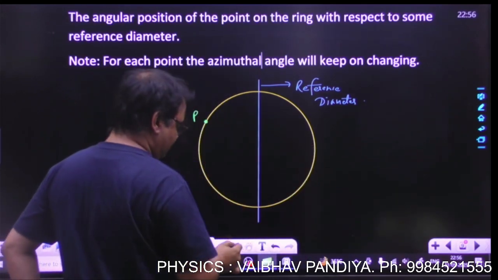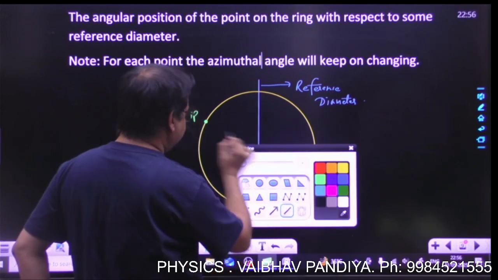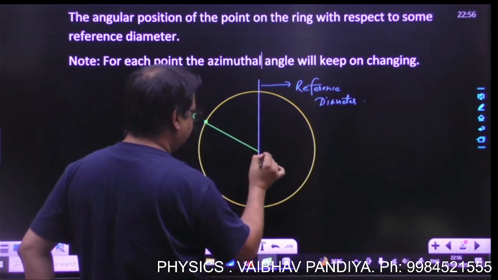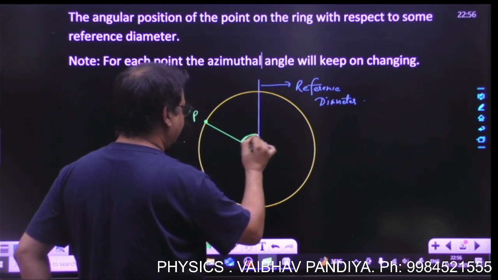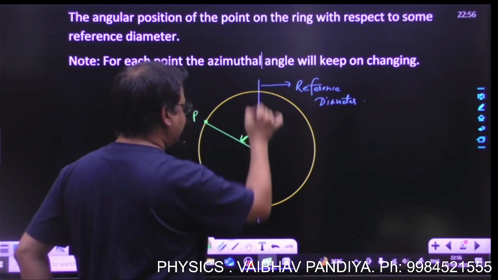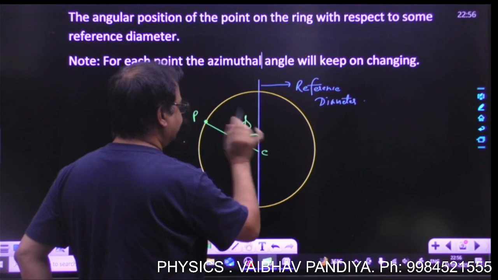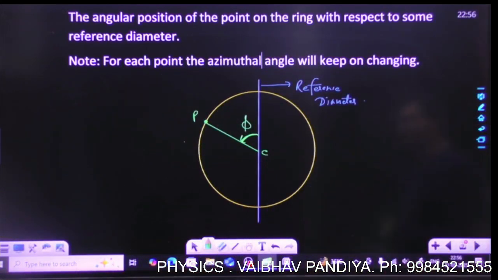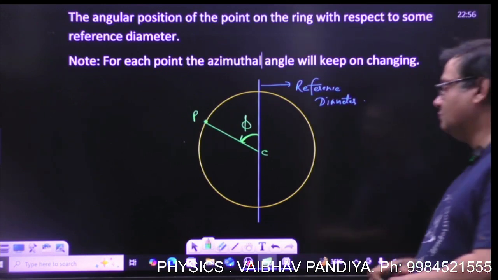The angular position of P, if you make a line joining the center with P, is this angle with respect to the reference diameter, and this is called the azimuth or azimuthal angle. So basically the azimuthal angle is the angular position of any point on the ring with respect to a reference diameter.